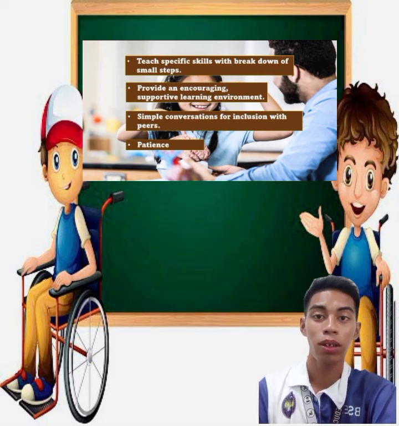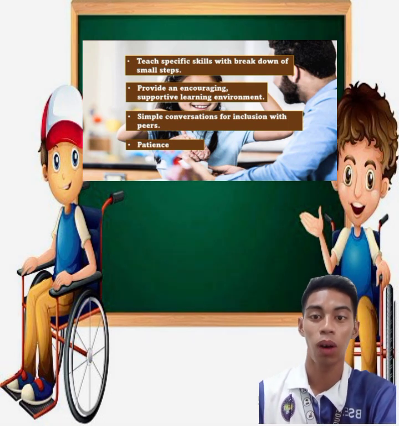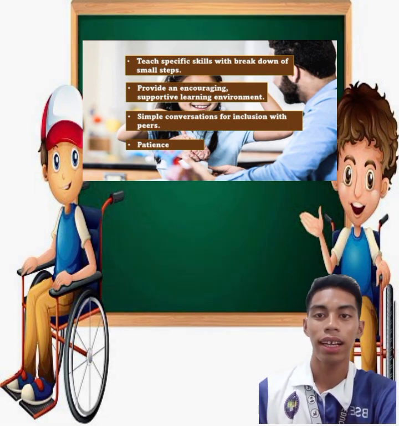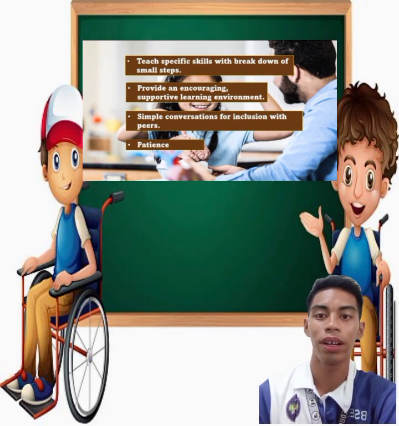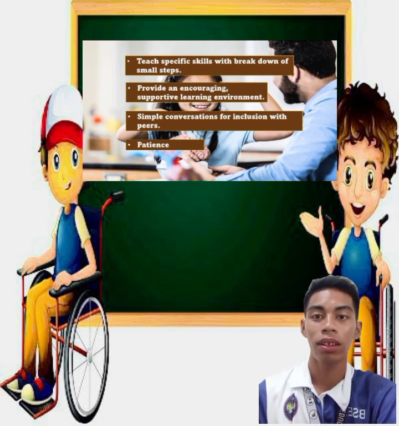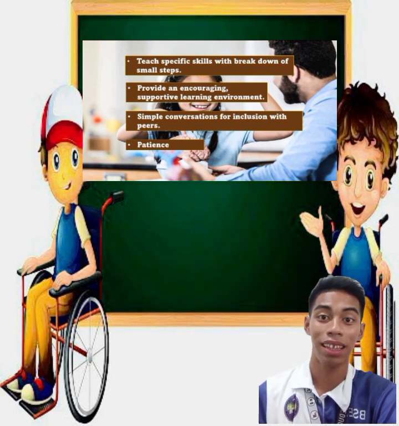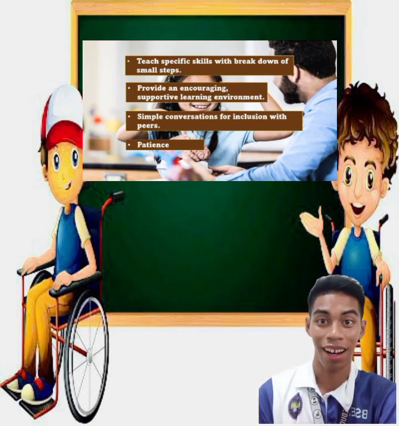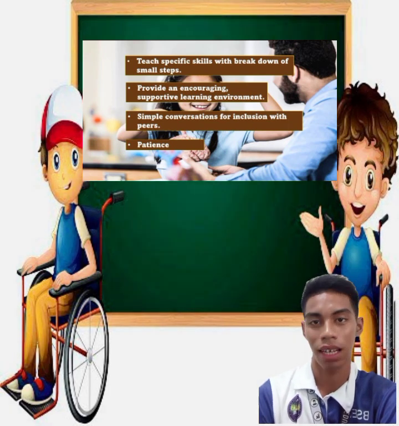Kay lisod man gyud ni sila tudluan, that's why hinay-hinay ang pagtudlo nila. Next is provide an encouraging, supportive learning environment. Usa ni sa pinaka-important ang encouragement, di ba? Bisan kita need gyud og encouragement, samot na sila nga disabled.